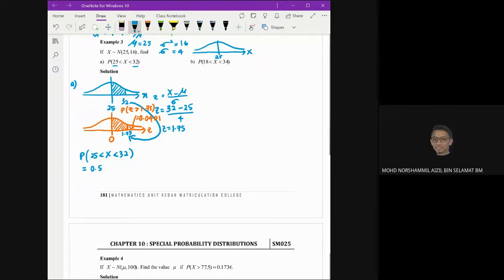So to get the shaded region, 0.5 minus 0.0401, and then calculate, you will get the answer 0.4599. Is it okay? Clear?